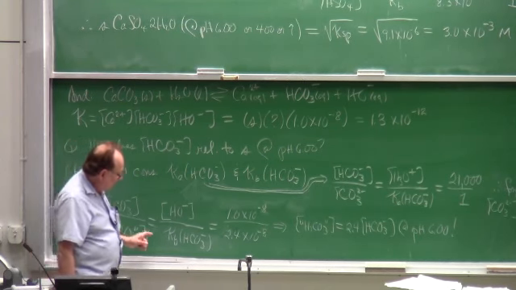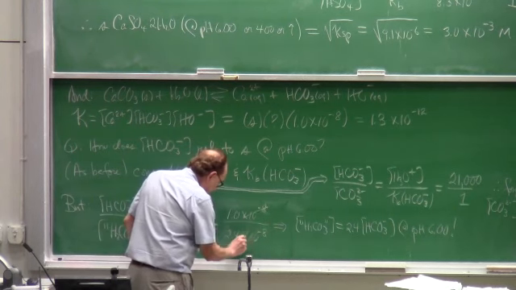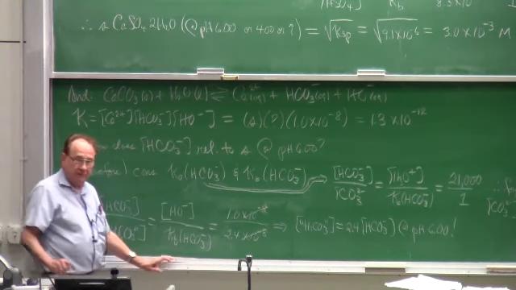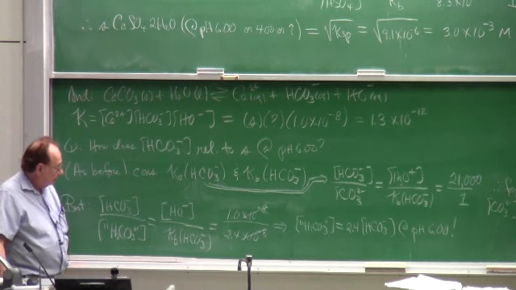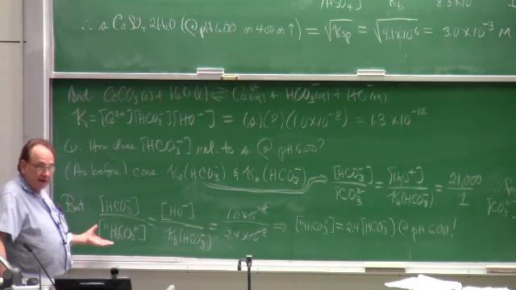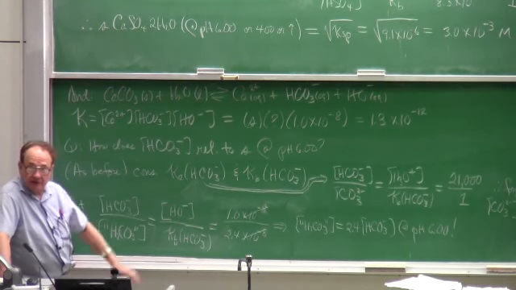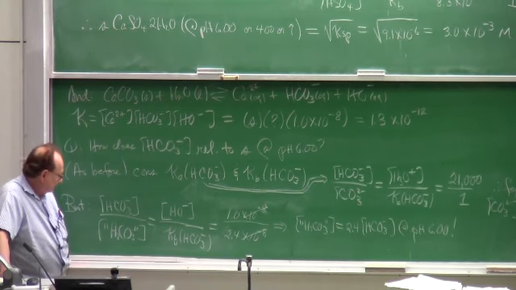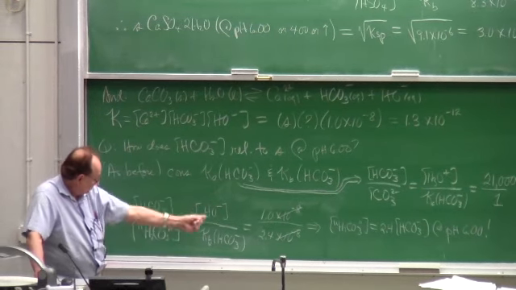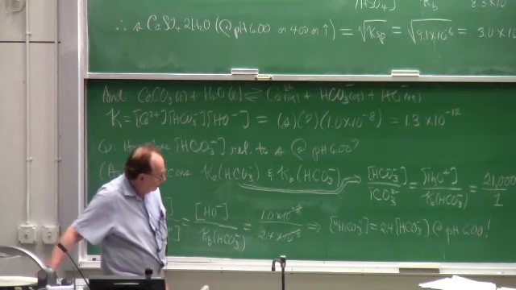The concentration ratio is 1.0 to 2.4. Or, this is telling us that the H2CO3 molarity is 2.4 times the bicarb molarity. All I did was rearrange this to get that.